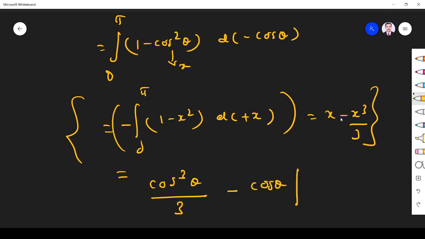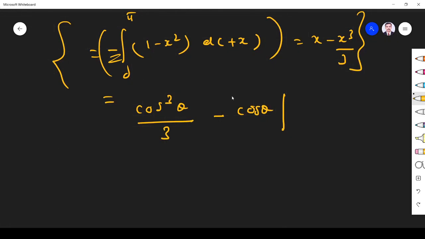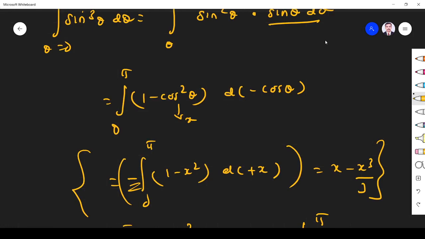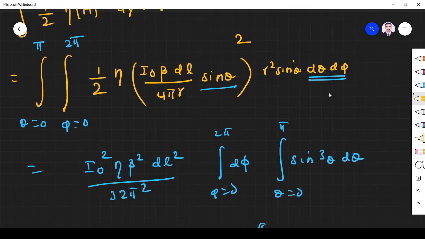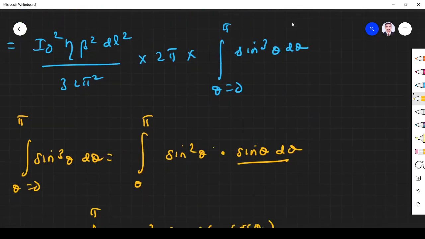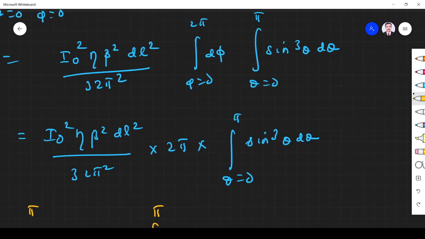You may ask why x cube by 3 minus x, because the minus is there; if you bring this minus to this side, it will be plus x cube by 3 minus x. Evaluating from 0 to pi, if you simplify, what you get is 4 by 3. This integration alone will give 4 by 3.